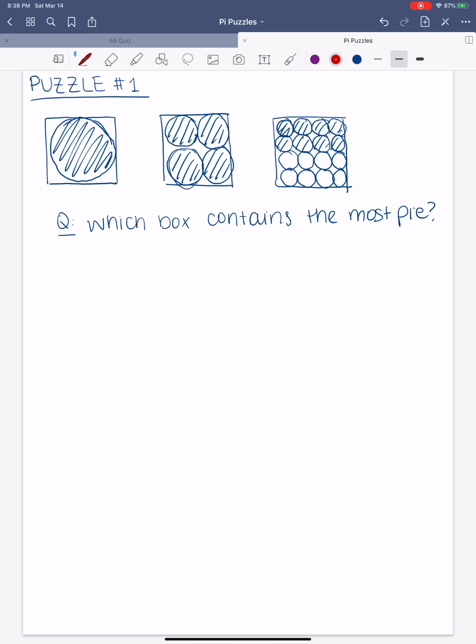The most pie is a fancy way of saying the largest shaded area. And just to be clear, I'm going to just shade in the rest of these pies too. Alright, so that is question number 1, pie themed.